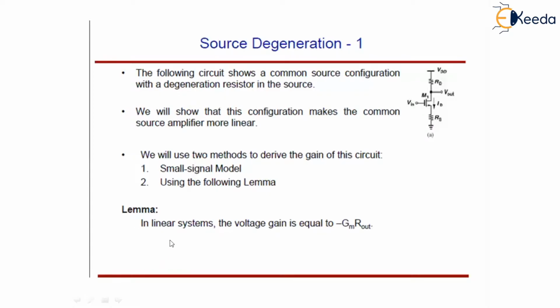Lemma says that in a linear system the voltage gain is equal to minus Gm R_out, where capital Gm is the transconductance of this degenerated circuit, or the equivalent transconductance of the whole circuit, and R_out is the output impedance.